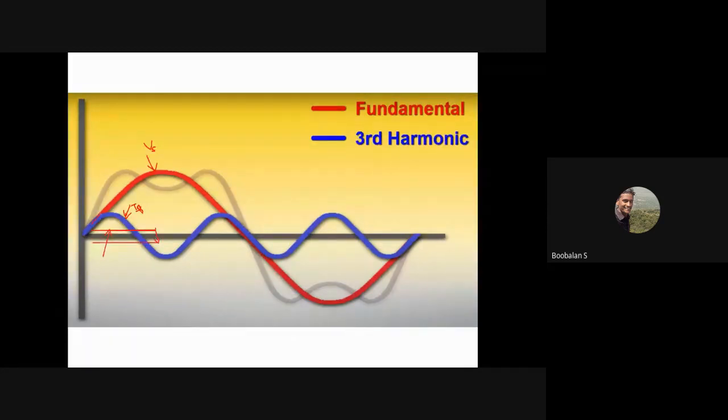The red one is the time period: this much time is a half cycle, and one more negative half cycle. But for my current, one half cycle, one more half cycle, so one cycle is completed. Now the second cycle is completed over here, and the third cycle.